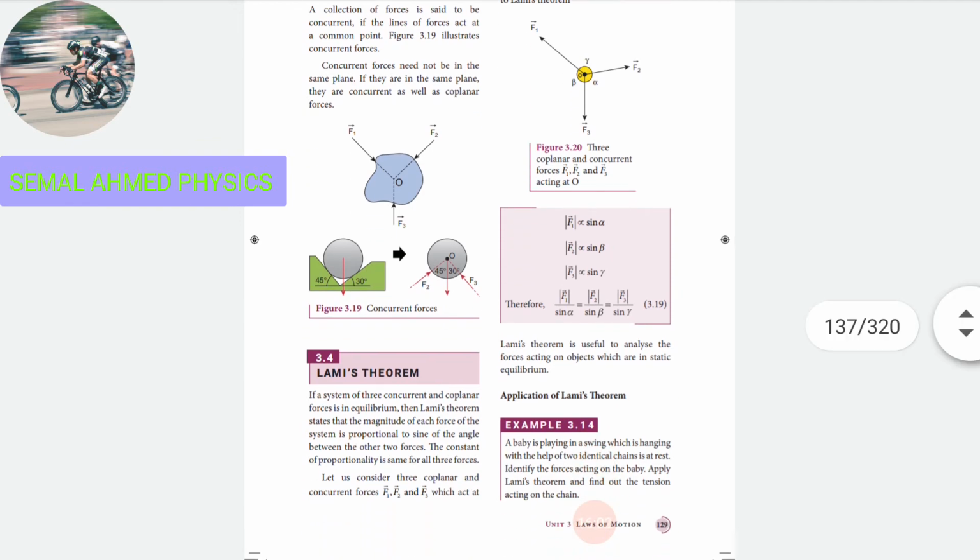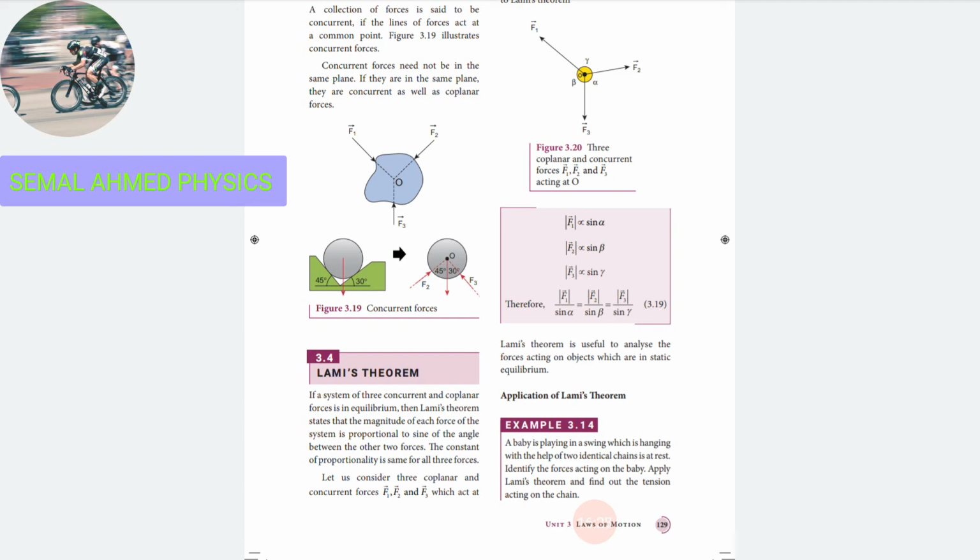And Lami's theorem states that the magnitude of each force of the system is proportional to the sine of the angle between the other two forces. Look at diagram 3.20. Three forces are there, F1, F2, F3. If you take one force, it is proportional to the sine of the angle between the other two forces.